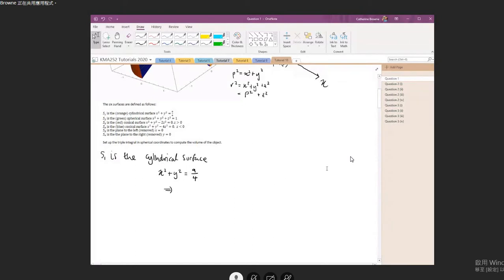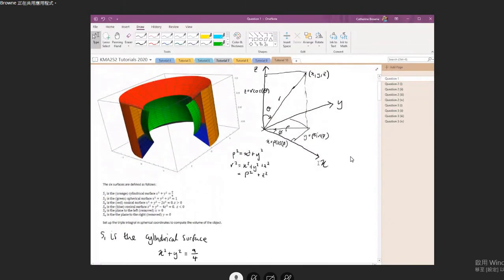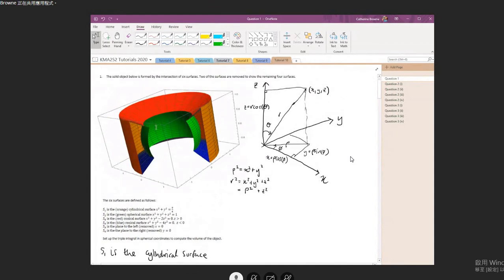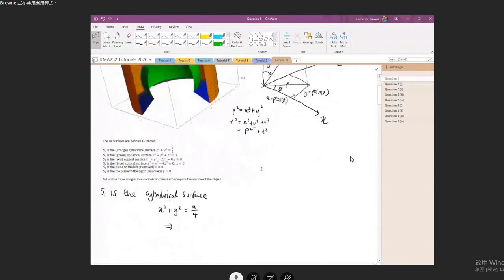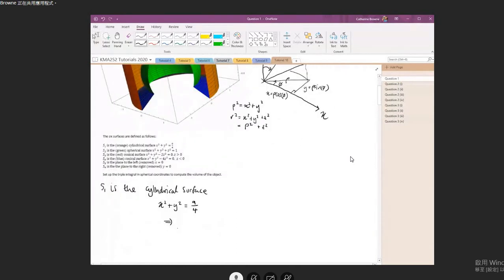So if we go up here, we see that x squared plus y squared is rho squared. So we get that rho is equal to 3 on 2, because 3 on 2 squared is 9 on 4. Obviously, it's not negative because rho is positive.